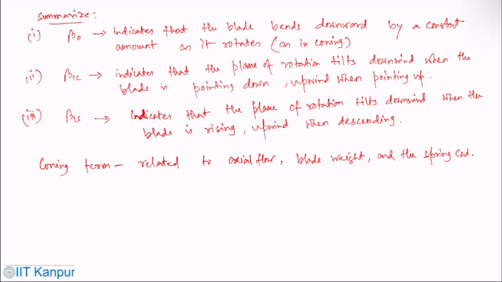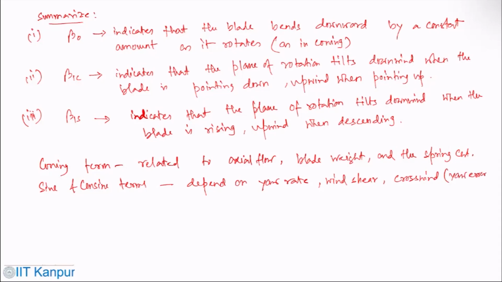The sine and cosine terms depend on yaw rate, wind shear, crosswind, which is yaw error, as well as the same terms that affect coning.